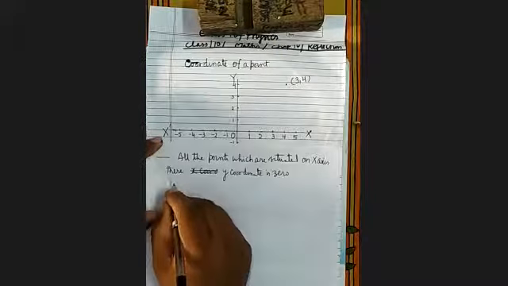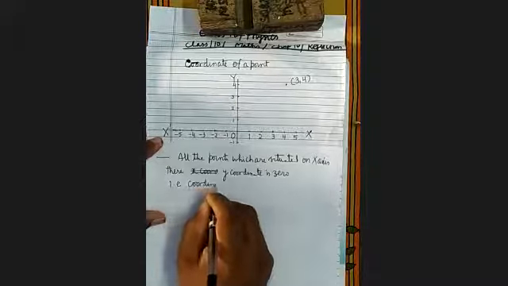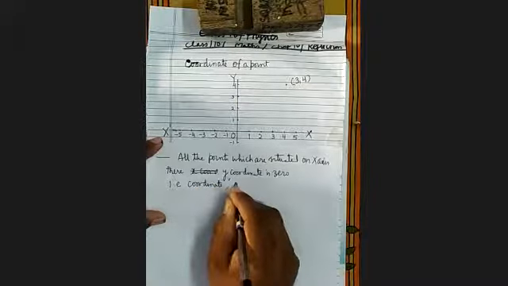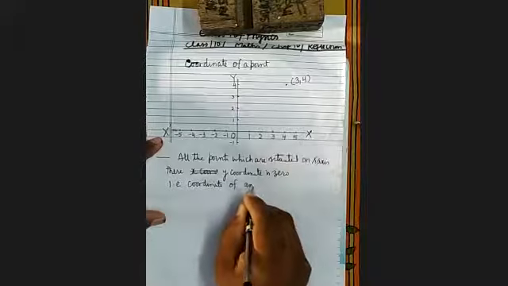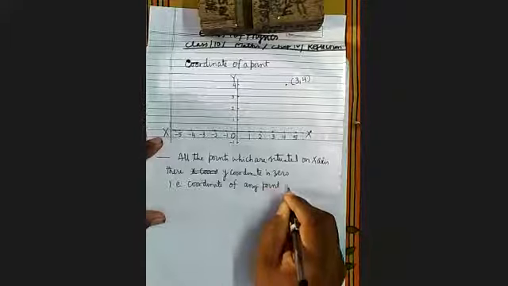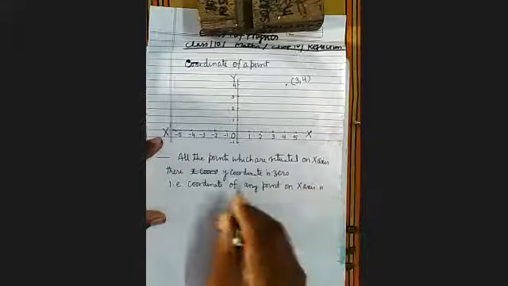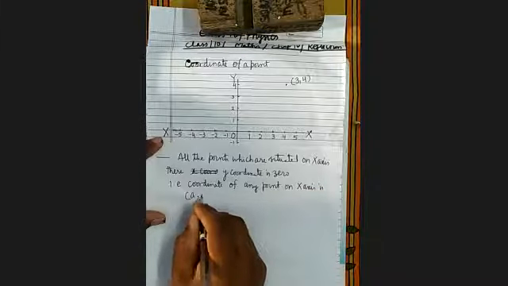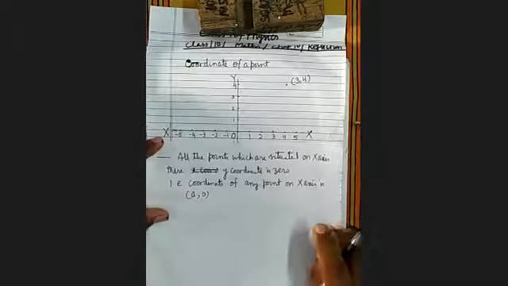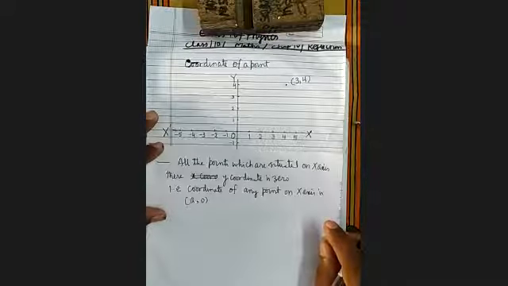That is, the coordinate of any point on the x-axis is a comma 0. किसी भी पॉइंट का कोऑर्डिनेट x एक्सिस पर क्या होता है, a comma 0.